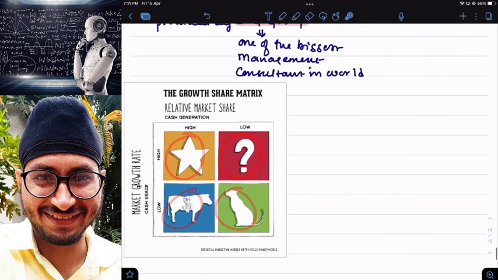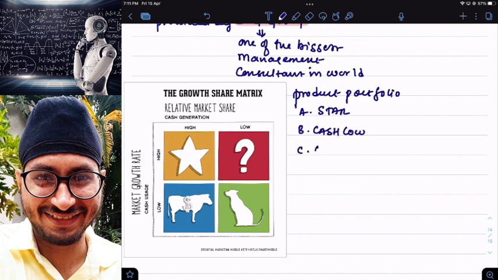I repeat, I can divide my product portfolio into 4 parts: star, cash cow, question mark, also called as problem child, and then the last one is dog.